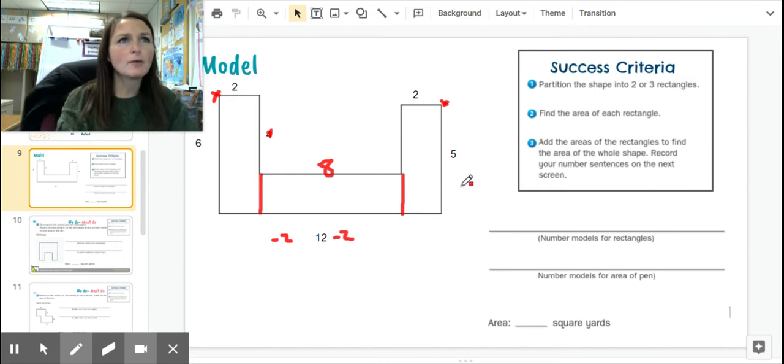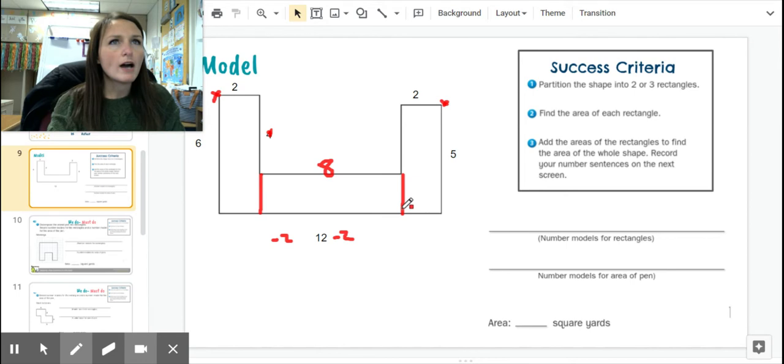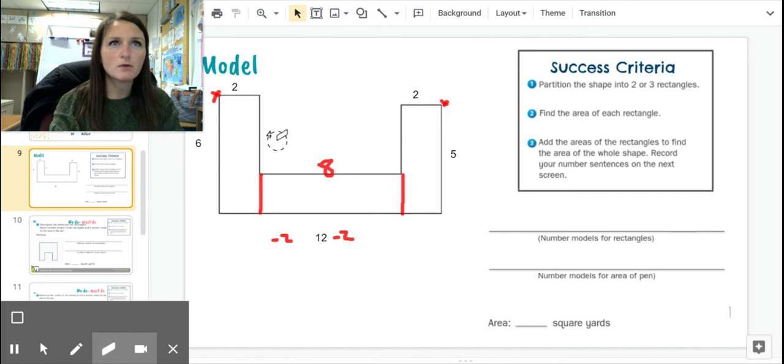Okay, so now how am I going to figure out how long is this side? Well, if this side was 5 and this side was 6, it doesn't really tell me how big this is. Well, hold up. I crossed this 4 out.